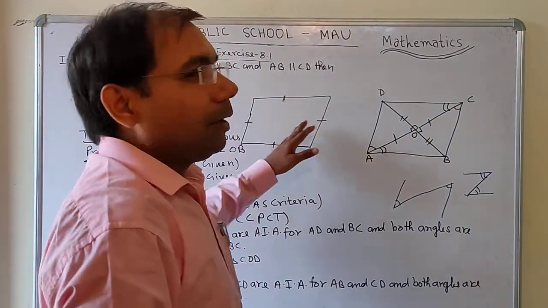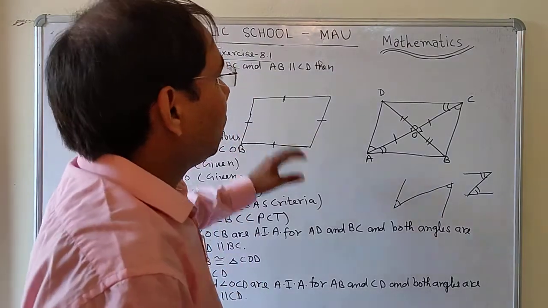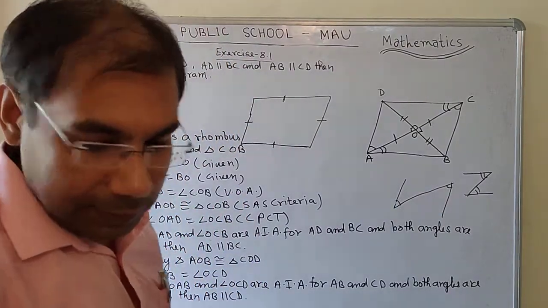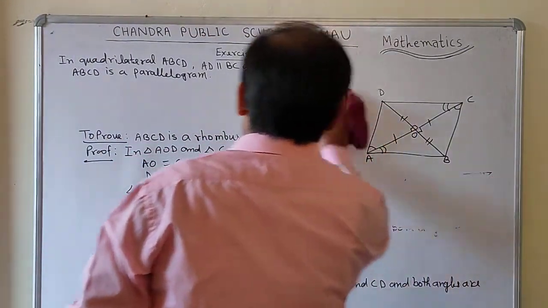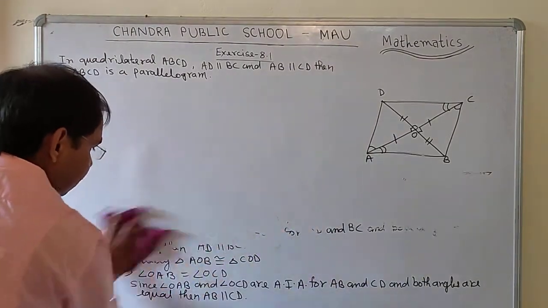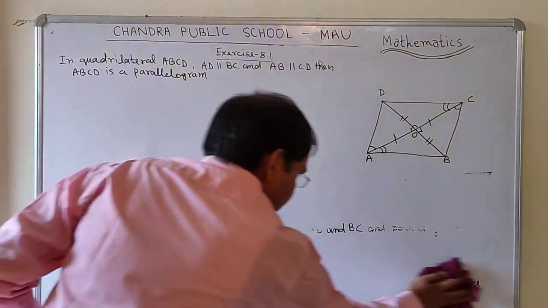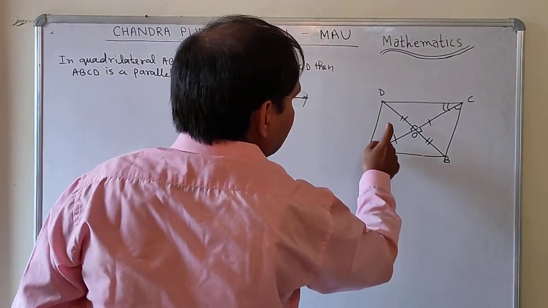So if in a parallelogram all the four sides are equal, then that will be the rhombus. So here I am going to prove that in parallelogram ABCD adjacent sides are equal. So after this, now I am going to take two triangles.